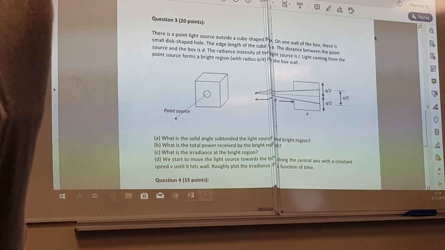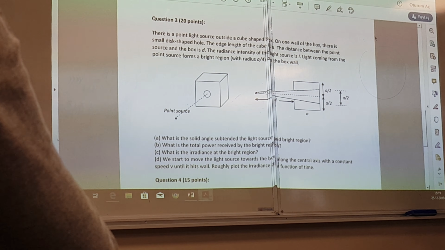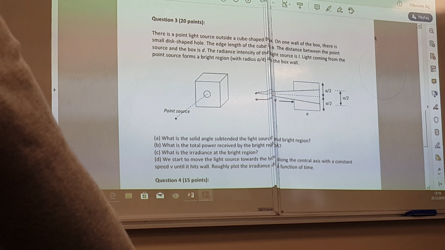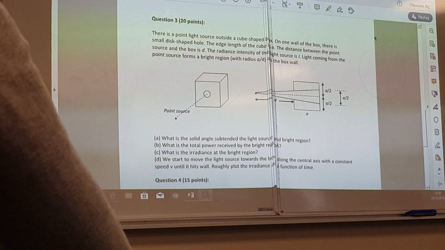Now, one exercise is a hint for the final exam. Try to do this. Let's say we have a sphere, maybe an Earth, and we have the sun, which is a point source at infinity.